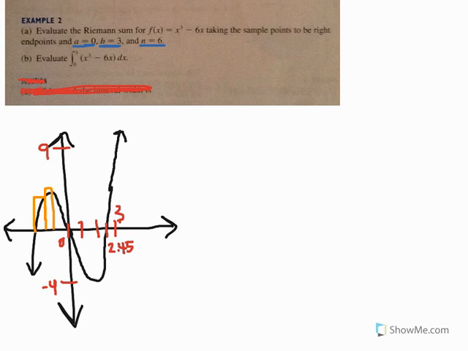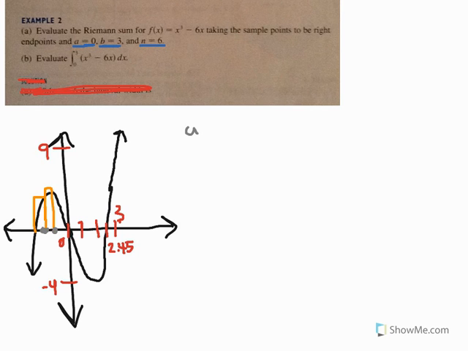Taking the right endpoint of the box means this one, and then this one. So when we select our x values to calculate the Riemann sum, we're going to use the right-hand edge of our interval.